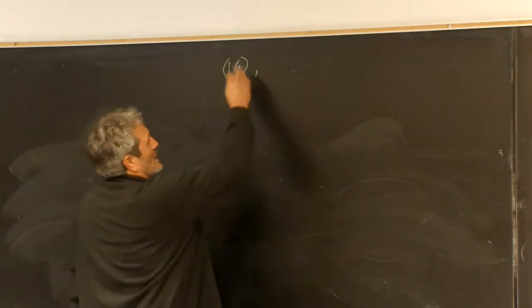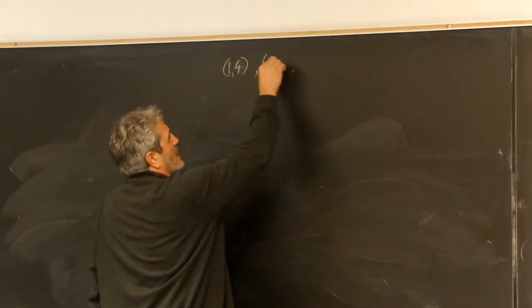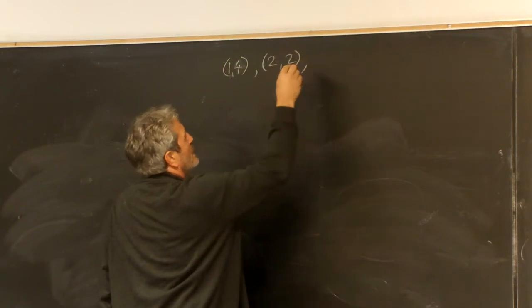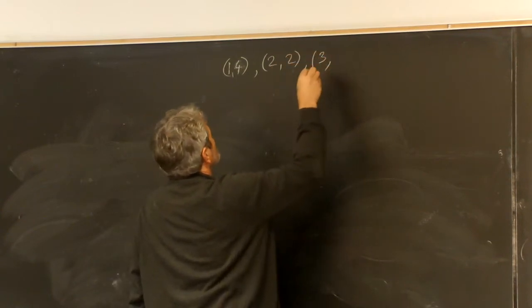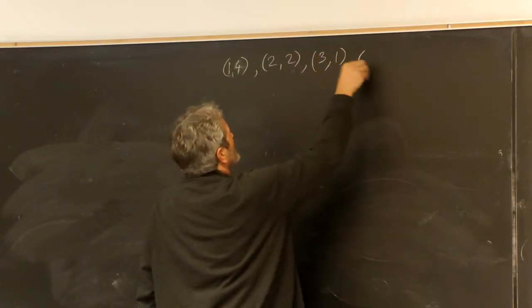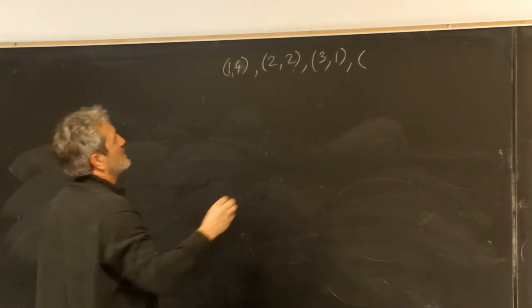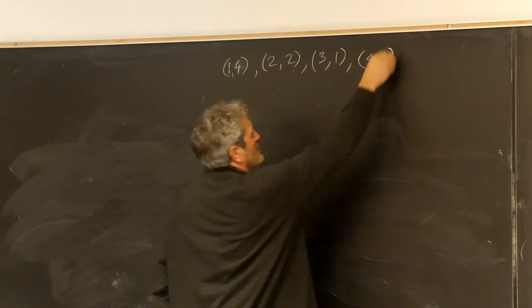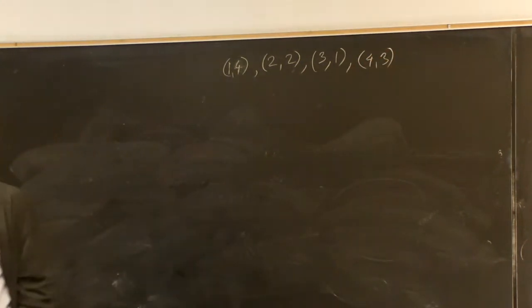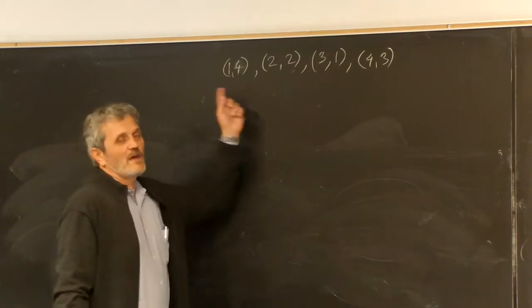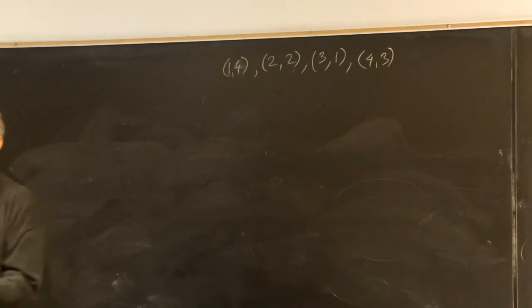So, if I choose 1, 4, and 2, 2, and then 3, 1, and then what? 4, who's left? 4, 3. Is this good? Yes. Why? Because whenever you take 2 cannons, they are on different rows and different columns, and then they don't attack one another.